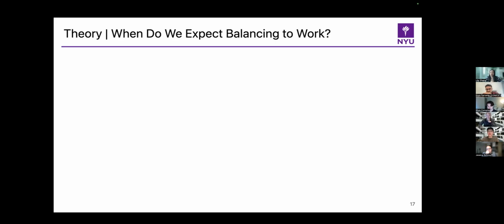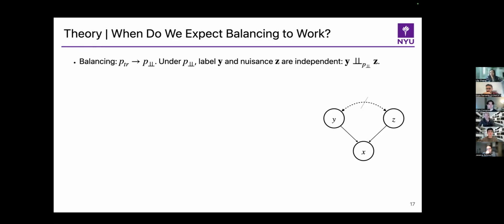So I'll be talking very briefly about a separate but related work in this space. In particular, if we assume that our data generating process comes from an anti-causal model, here we have our label Y, such as disease, and some nuisance variable Z, such as the hospital source itself, affecting or causing our input X. What we're doing here when we balance is we're specifically breaking the marginal correlation or the marginal dependence between our label and our nuisance.